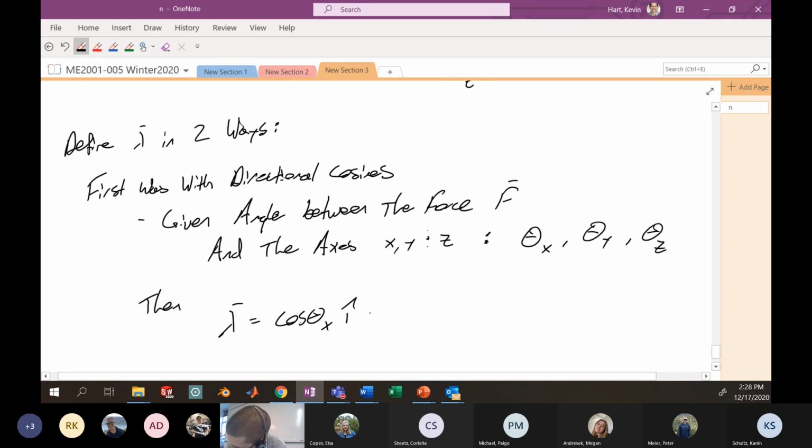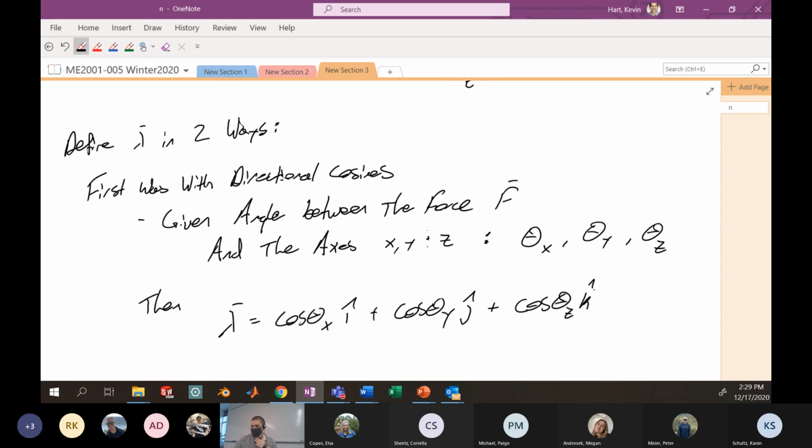It's just the cosine of those individual angles along those directions of interest. And that's probably the easiest way to define your unit vector.